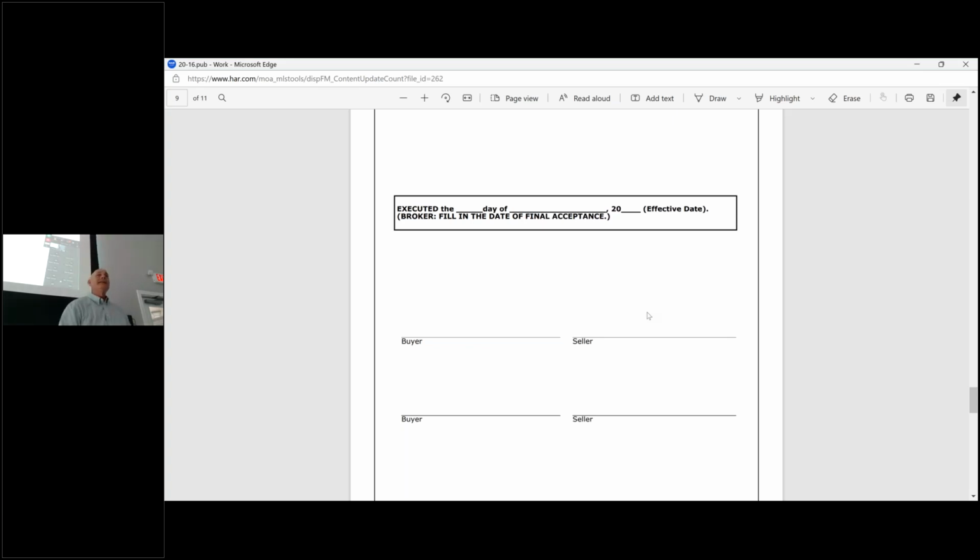Now let's say that everybody signed at 10 p.m. on Tuesday night and you were notified at 10:15, everybody signed. You get the contract delivered to you on Wednesday and you see there's no effective date. What do you fill in, Tuesday or Wednesday? Remember, what is the criteria? All parties have signed. All parties have been notified that all parties have signed.